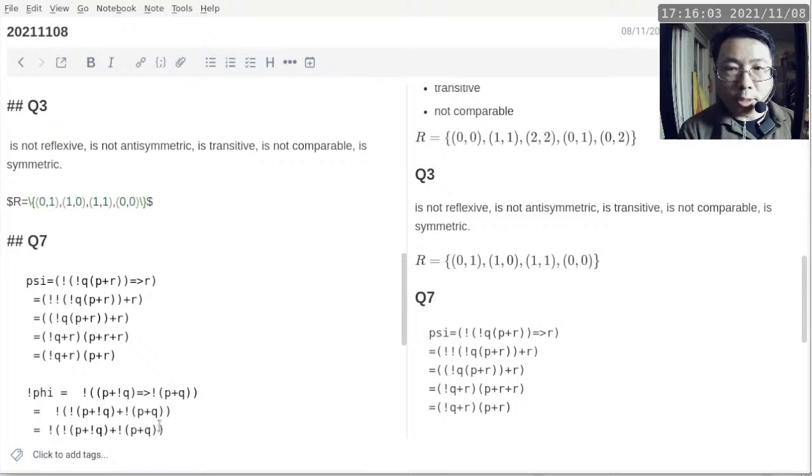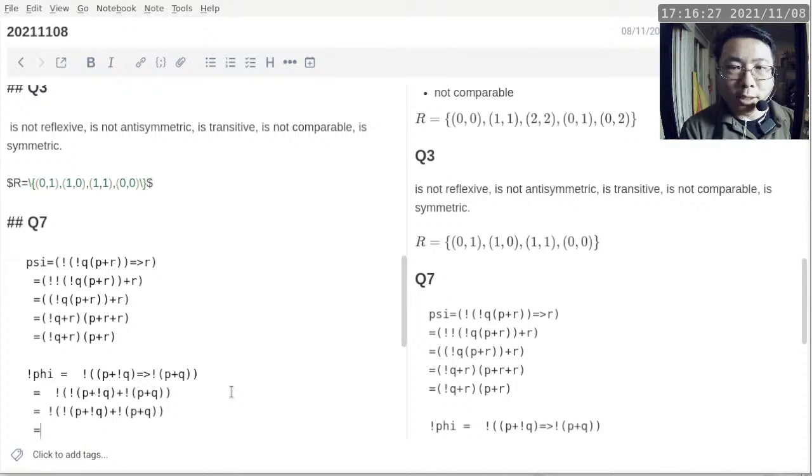You can apply De Morgan's law from the outside in or the inside out. It's all up to you, because this negation here is applied to this or over here, but then we also have negations applied to these disjunctions. So you can work from the inside out or from the outside in. I'm going to work from the inside out.